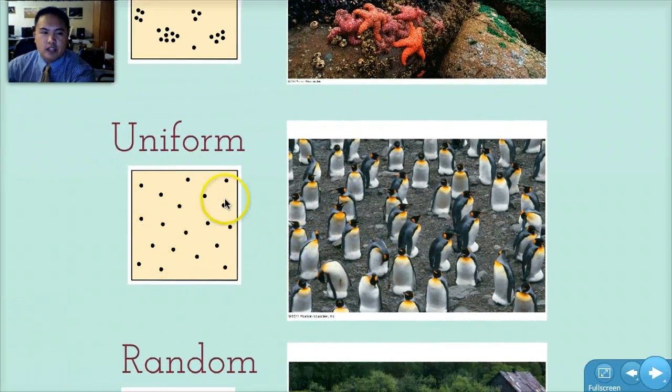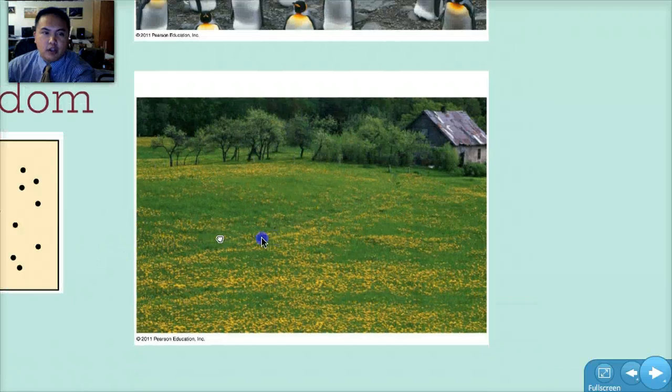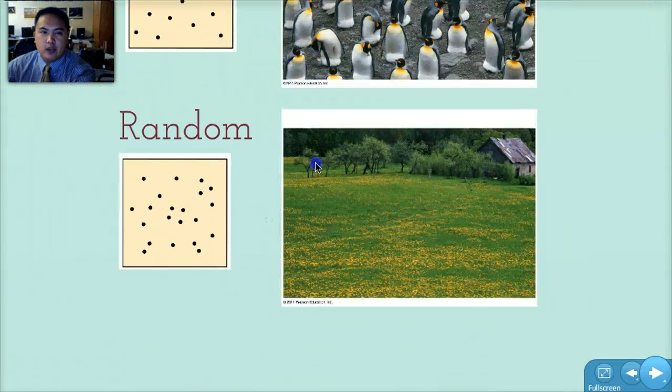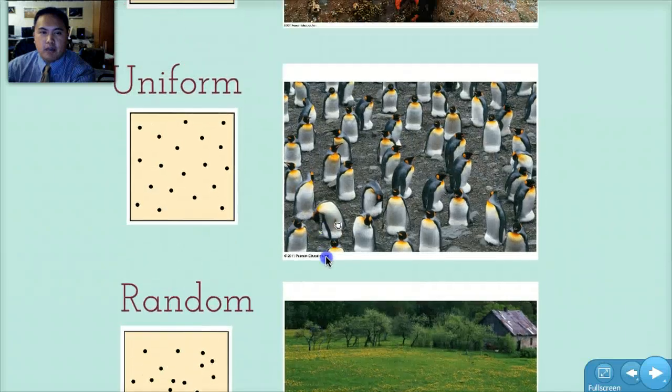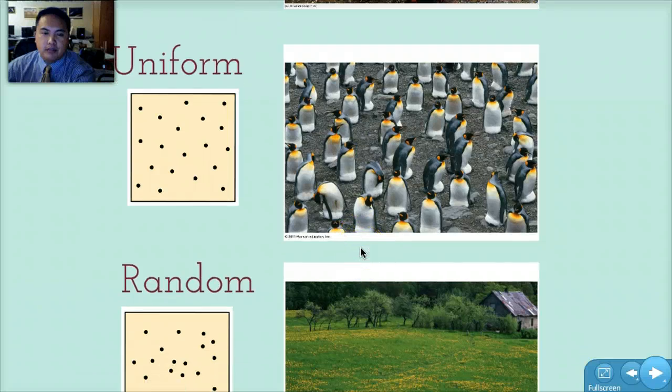If these dots represent organisms, you can see that in some strange way, our penguins are arranged uniformly. And then there's random. Here's a field of some type of flower, but you can see that there's no real pattern here. So there are 3 ways in which a population can be structured: clumped, uniform, and random.